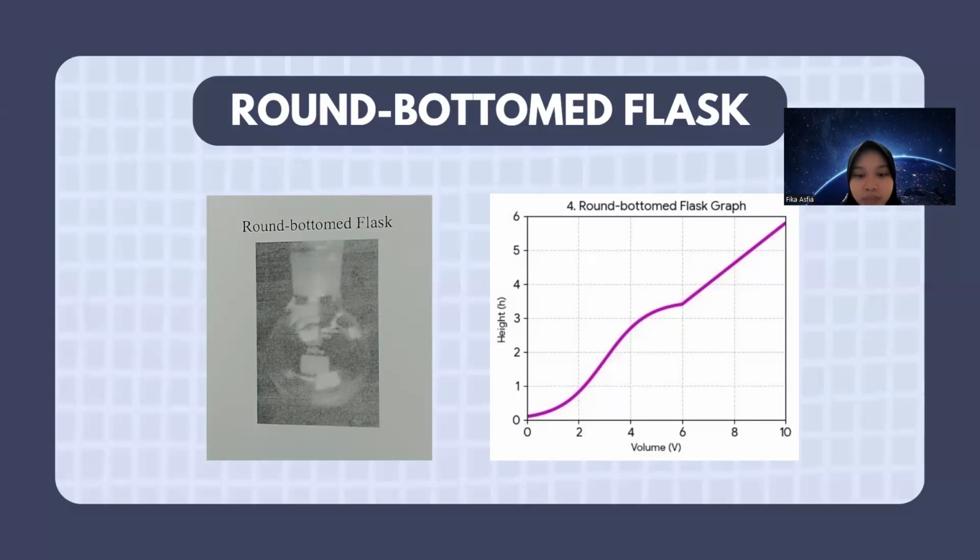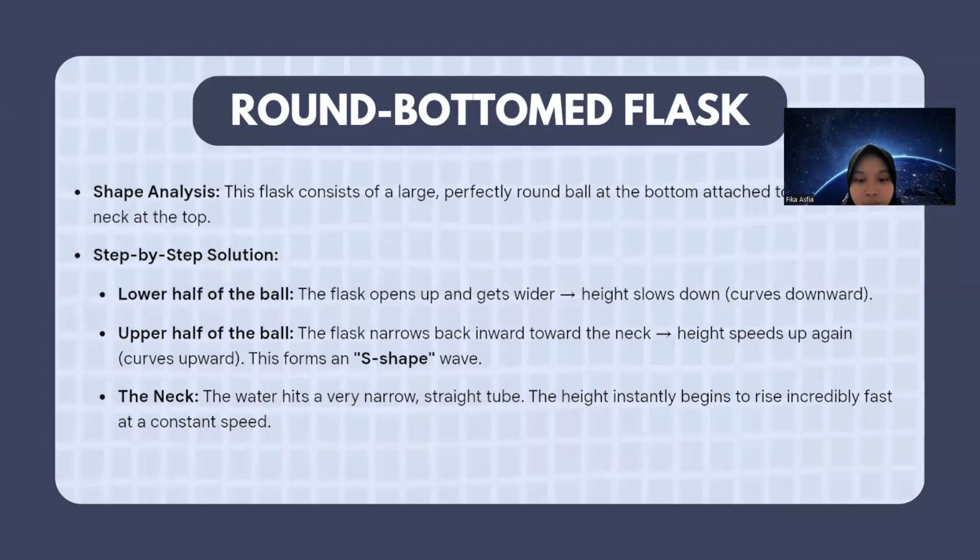This creates an S-shaped curve with an inflection point in the middle. Once the liquid enters the thin, straight neck, the area becomes very small and constant, causing the graph to suddenly change into a very steep, straight line.